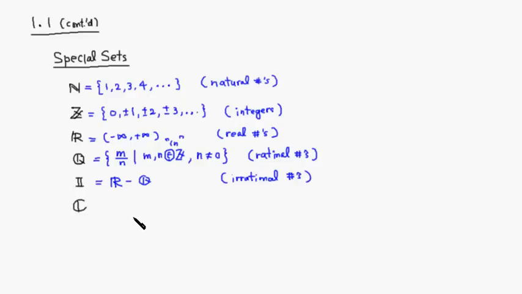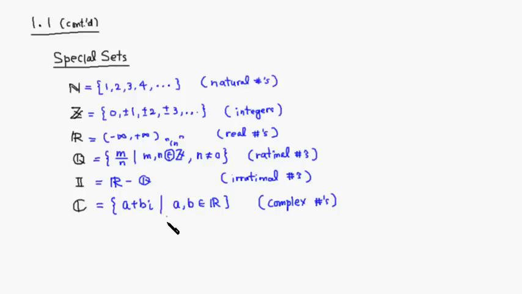The last one, C, is the set of all complex numbers. A complex number is an element of the form a plus bi, such that a and b are both real numbers.